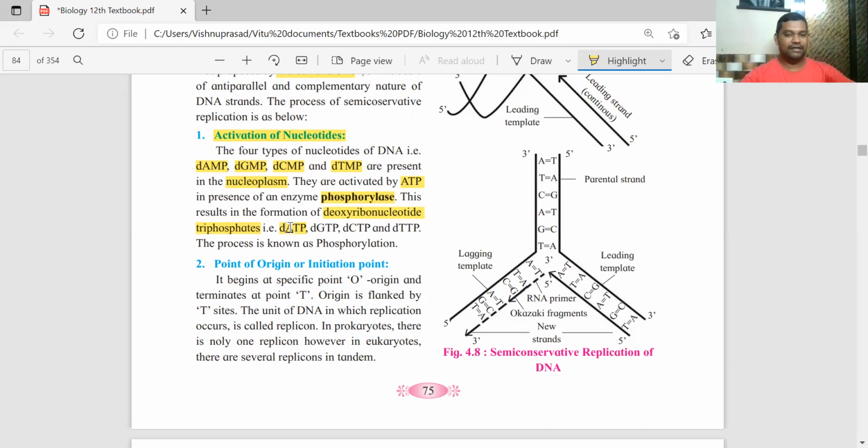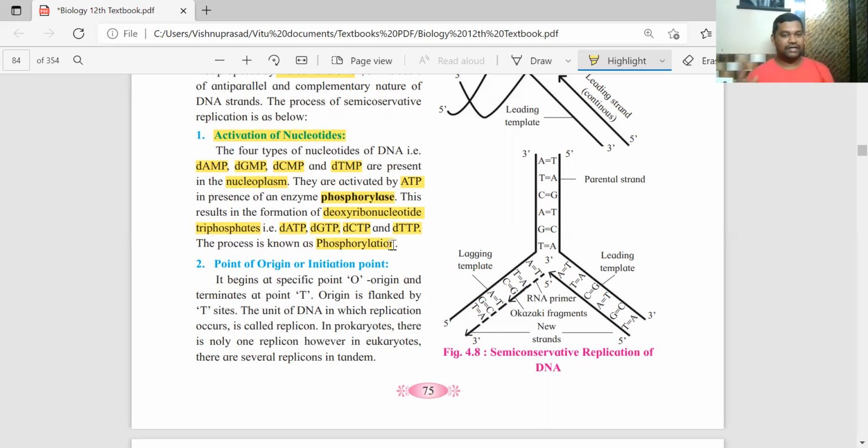ये T थायमिन वाला TTP है. एडेनाइन वाला ATP है. ये गुआनाइन वाला GTP, साइटोसाइन वाला CTP, थायमिन वाला TTP. So okay, got it. These are the activated form of the nucleotides. Yes, that process is called phosphorylation.